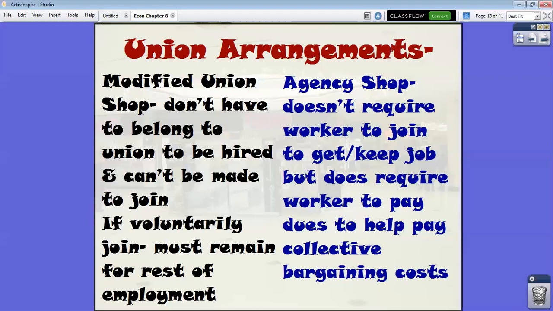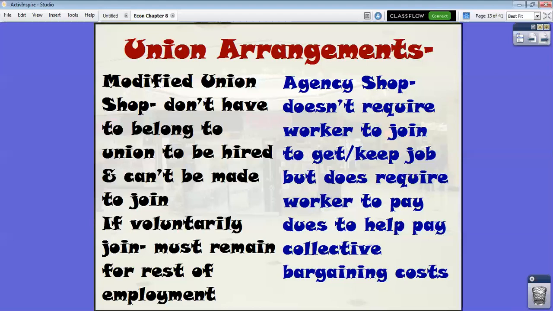Because in the end, whether or not you belong to the union, you're going to benefit from whatever agreement has been negotiated between the collective bargaining of the employees and the employers. So the expectation is if you're going to benefit from it, then you should also have to pay something towards that process, because it would be unfair if only the union members paid for the collective bargaining, yet the non-union members got all the benefits from it.